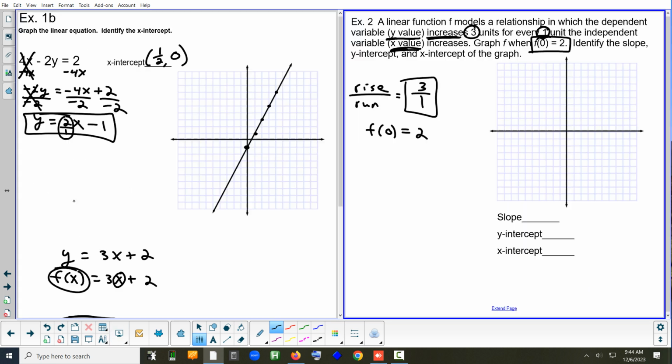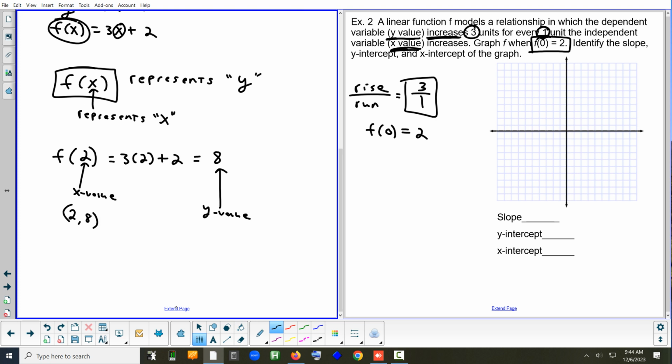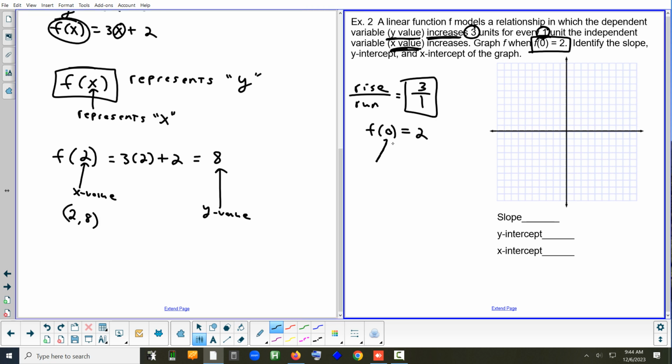Okay, let's put the other page back up. Let's go down a little bit. That's 0. What value is that? X. That's my x. Okay, that's my x value.